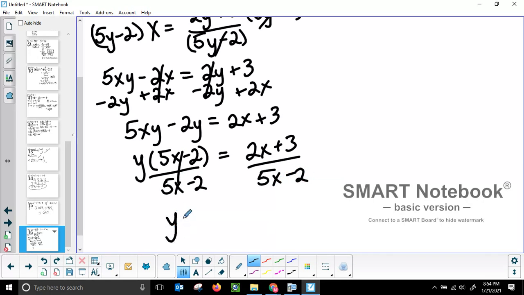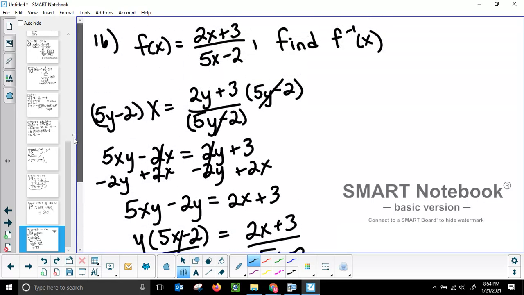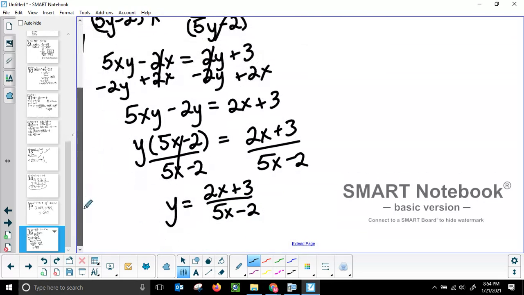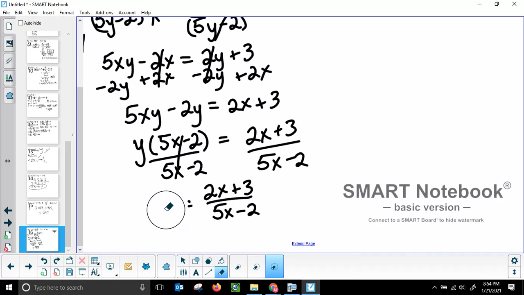Although a lot of you may be thinking that this was done incorrectly, because it is the exact same thing that we started with, that just means that this thing is its own inverse, and that it is symmetric about the line y equals x. So it changes this to f inverse of x. And we are done with that one.